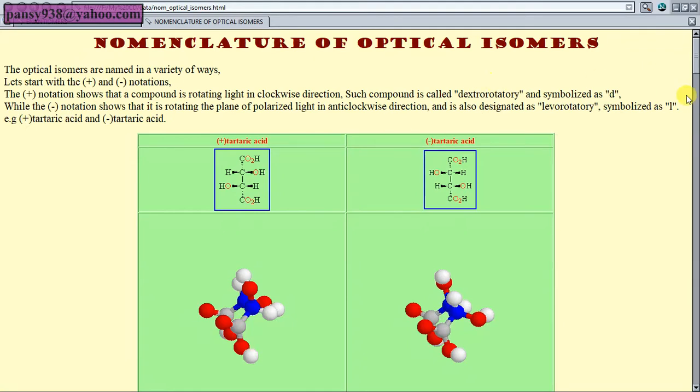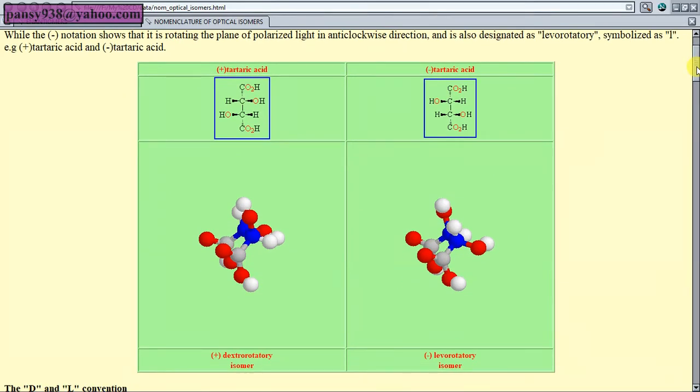Remember that the dextrorotatory or levorotatory nature of the compound is based totally on experimental facts.